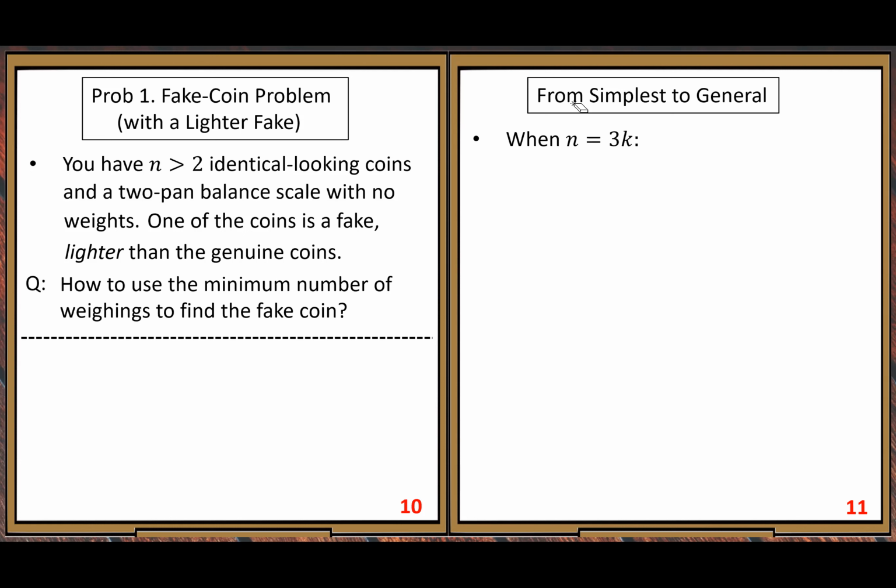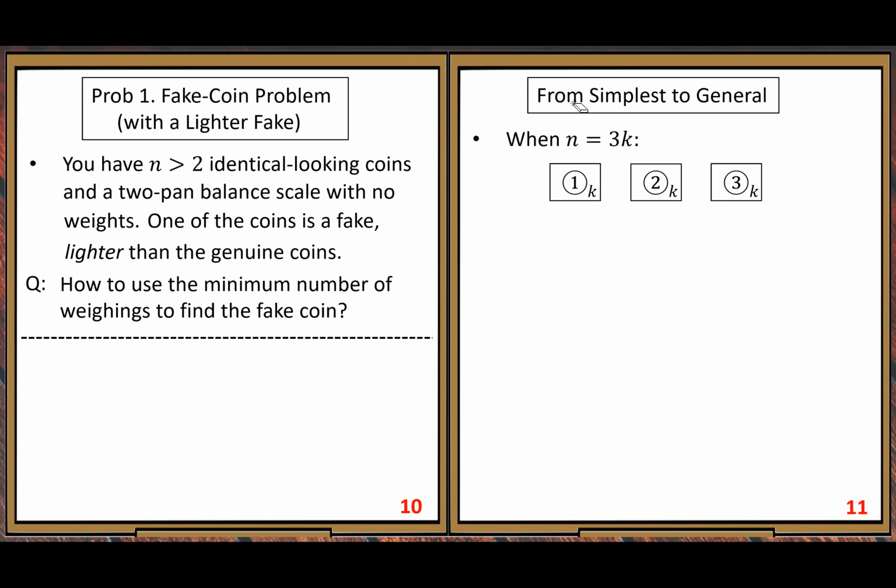Appreciate it. Yeah. So n equals 3k, remainder 0. The 3 groups, even 3 even groups. Yeah, like this. 1, 2, 3. 3 groups. Okay. I put subscript k. So each group has k coins. Okay. All right.